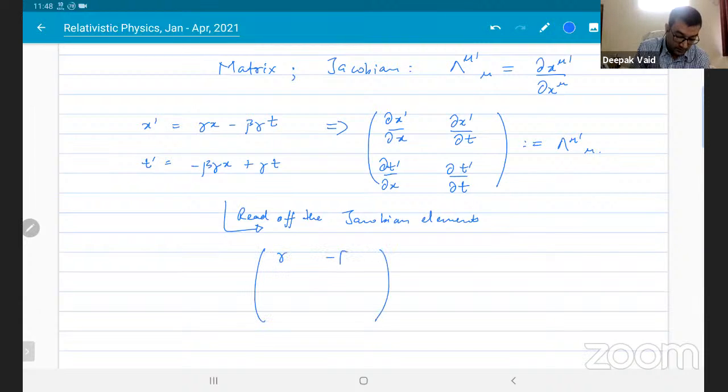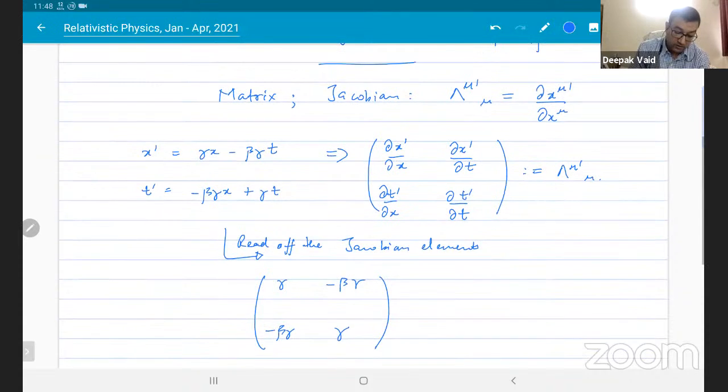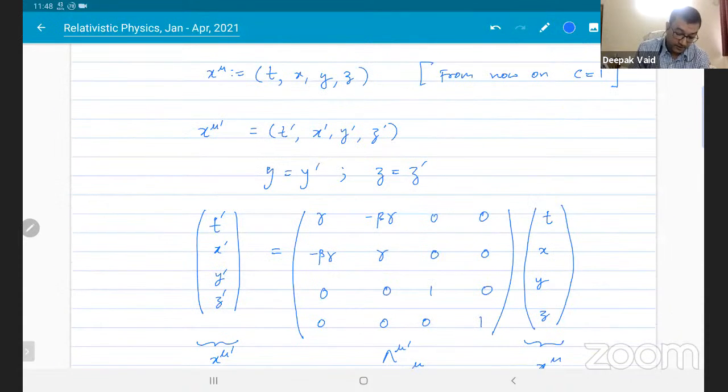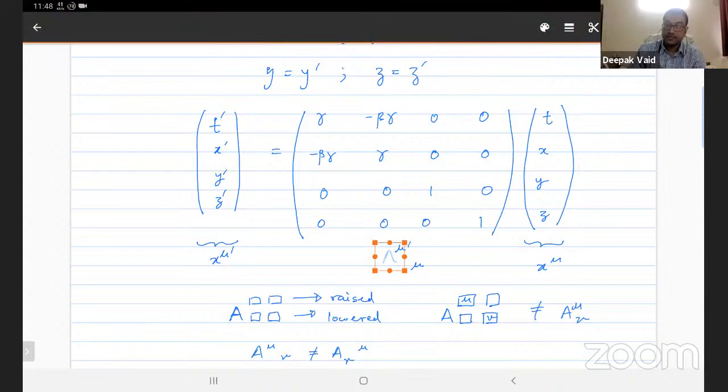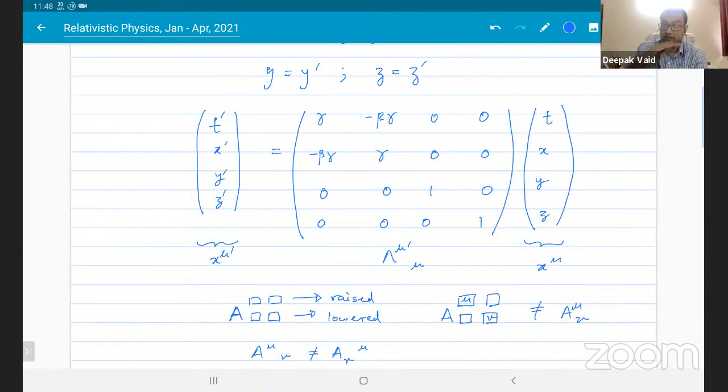Gamma, minus beta gamma, minus beta gamma, gamma, right? So this lambda matrix, Greek letter lambda, it's like an A without the step in the middle. So this is nothing but the Jacobian matrix of the coordinate transformation. Okay.